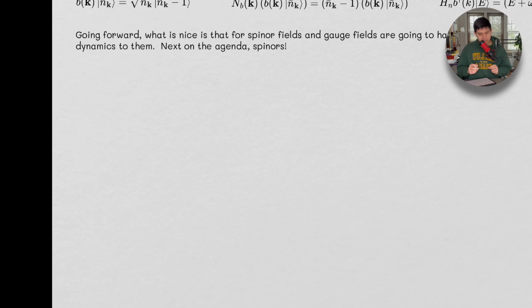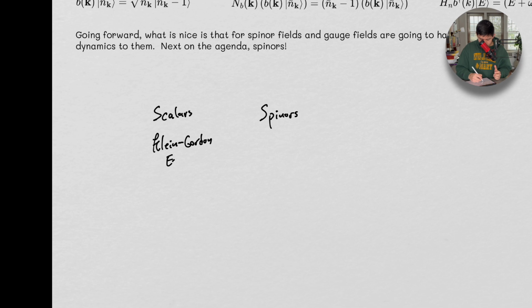So we've talked about scalar fields, and scalar fields, again, are just numbers, right? Scalars are just numbers. Spinors, then, this was the Klein-Gordon. Here we're going to have the Dirac equation.